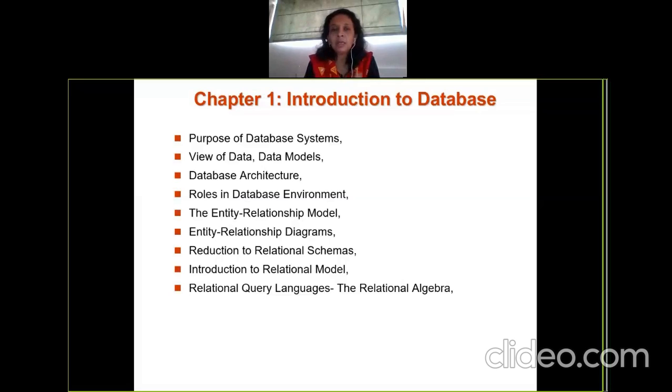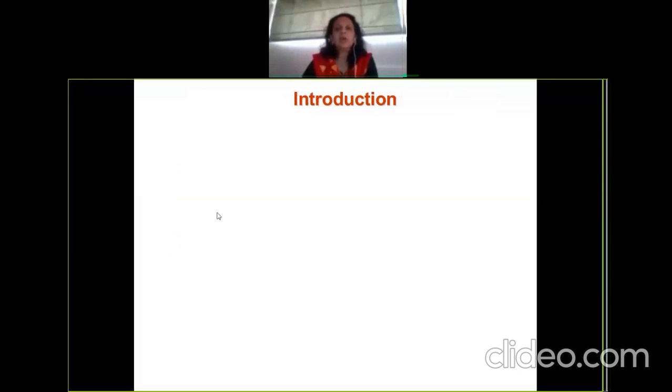Whatever data we are going to collect, it should be related with each other. If we say the university, we can say the students, the courses, the faculties or the staff, departments, etc. All these are together. So we call it a database is a collection of interrelated data.